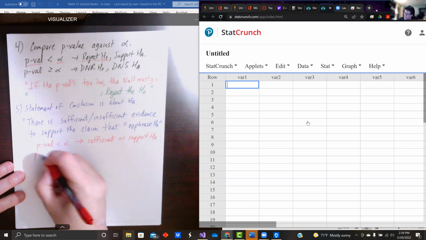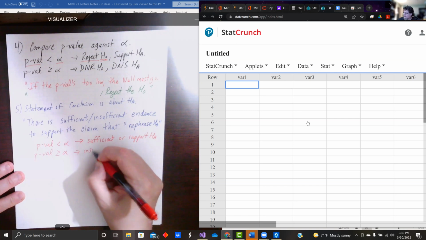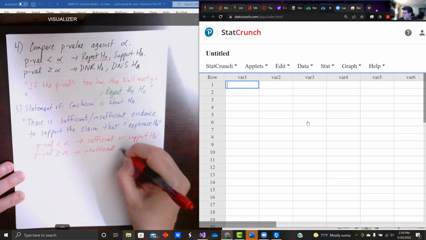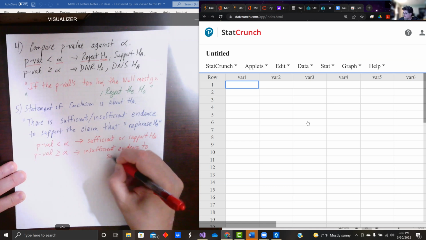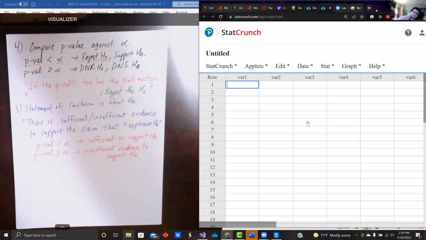And the other case would be when it's too high. There's insufficient evidence to support HA. We never say HA is wrong. And we never say in our statement the null is wrong either.